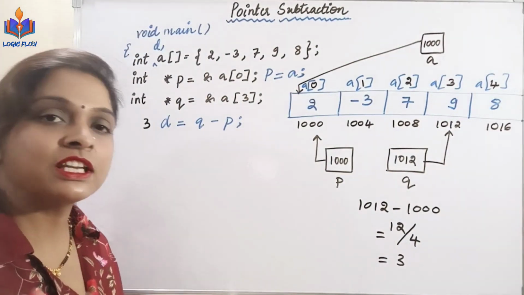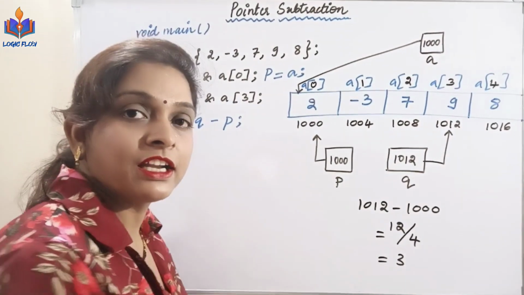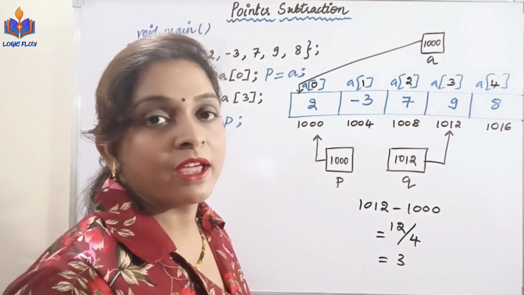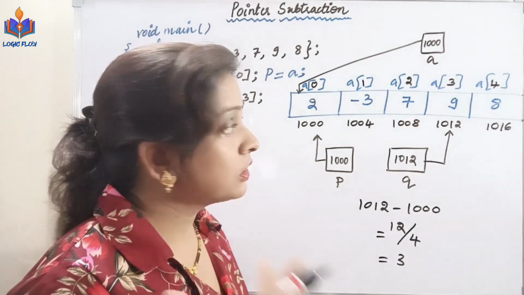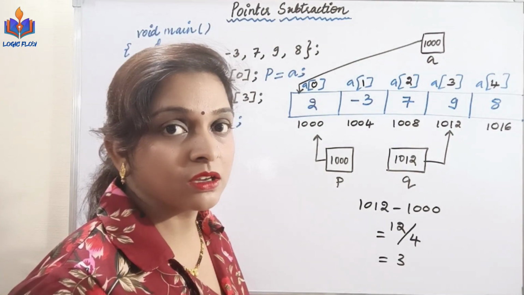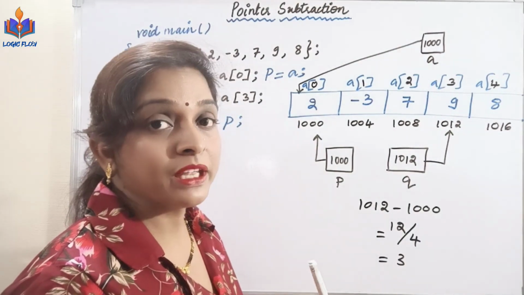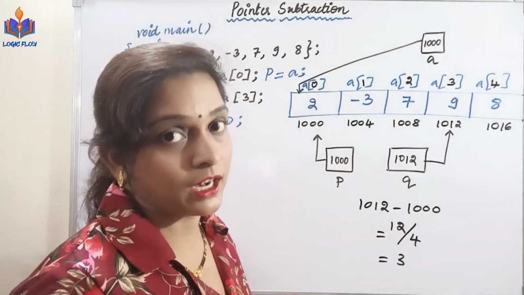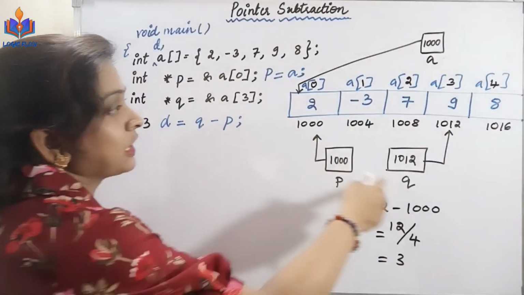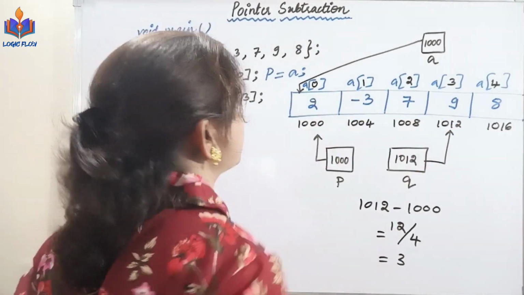Usually we consider these kinds of values when we want to identify how many values we have in the array between two pointers. So these two pointers have to point to the same array so that I can decide how many elements apart we are from one pointer to another. So between P and Q you have 3 elements, 1, 2, 3.